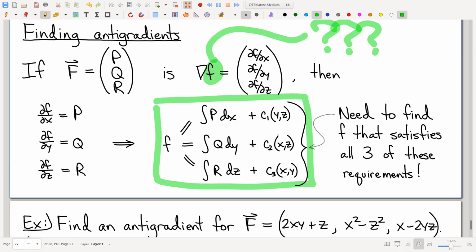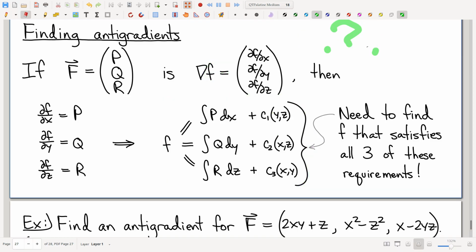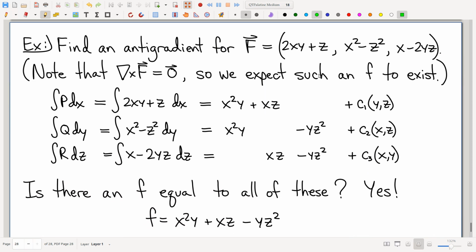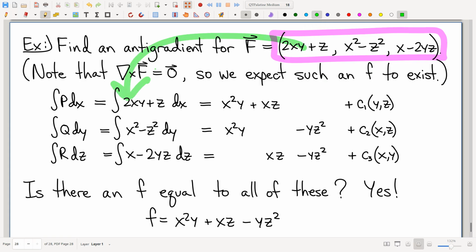So you just play the corresponding game. You write down what the antipartials are. You think about what those constants might be, and try to win the game. That's as simple as that. So here we go. Here's a vector field. It's got 3 coordinates, P, Q, R. Per the formula on the previous page, we're going to take the x antipartial of the first coordinate, the y antipartial of the second coordinate, and the z antipartial of the third coordinate.